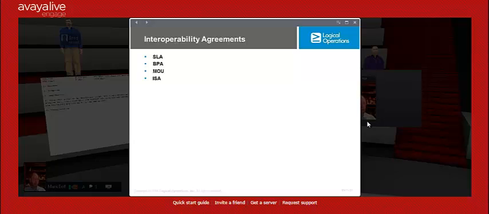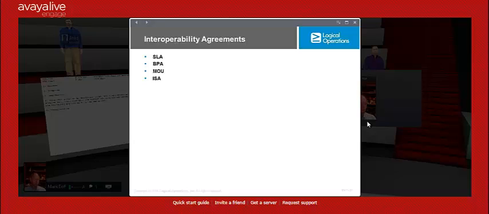An SLA, a service level agreement, is a contract between you and a third-party provider. That third-party provider might be a utility, might be an internet service provider. And that document lays out, specifies the requirements they're required to fulfill in your business relationship in terms of the amount of uptime maybe, or if they don't achieve the uptime that they promise, there's maybe a financial penalty associated with that.